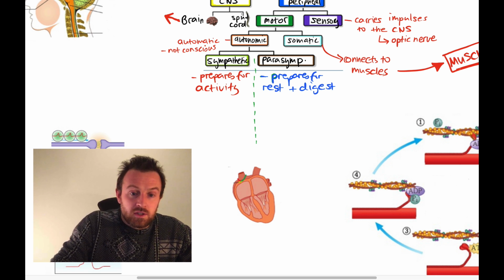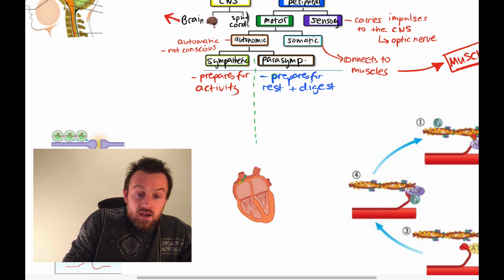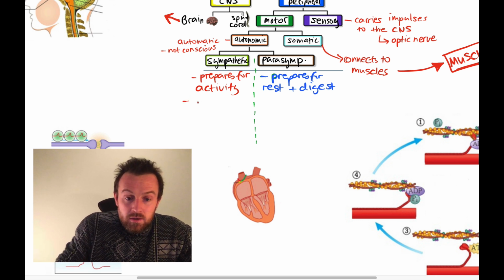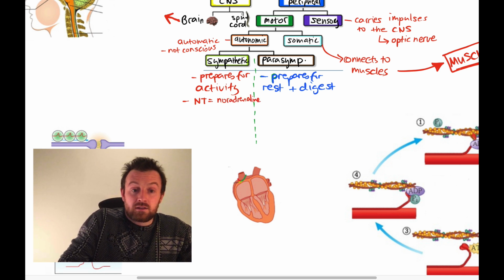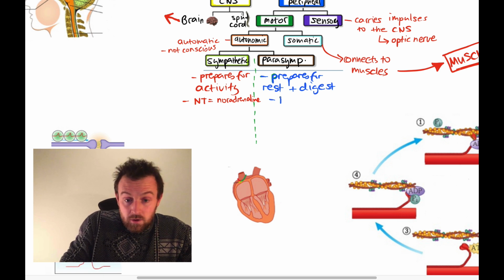Okay, what else can we say? The neurotransmitter. So NT for neurotransmitter equals noradrenaline. And on the other side, the neurotransmitter equals acetylcholine.